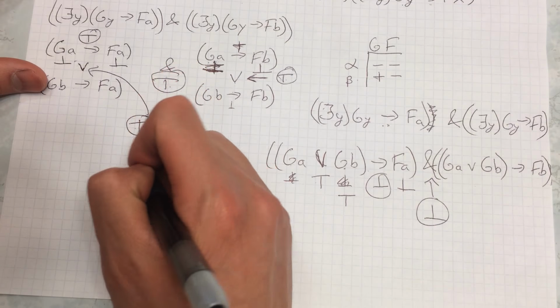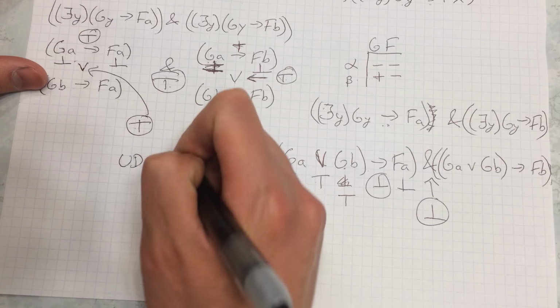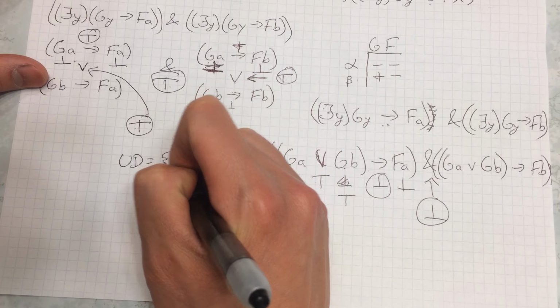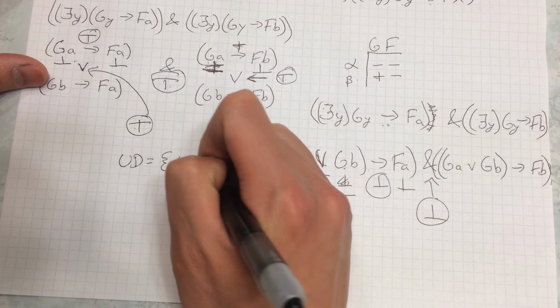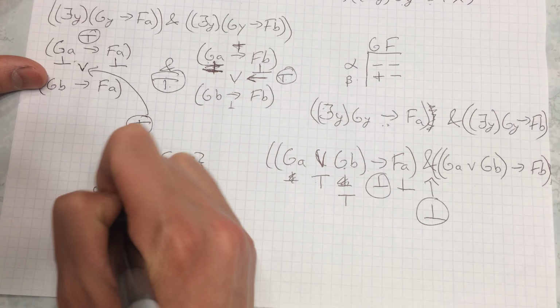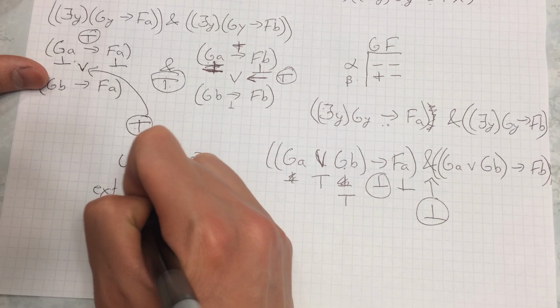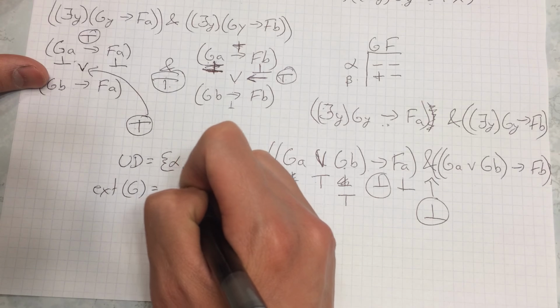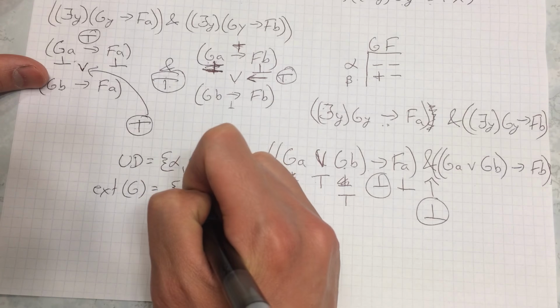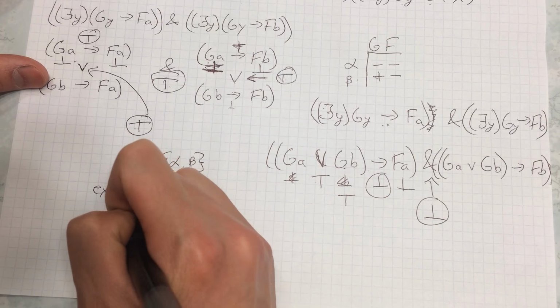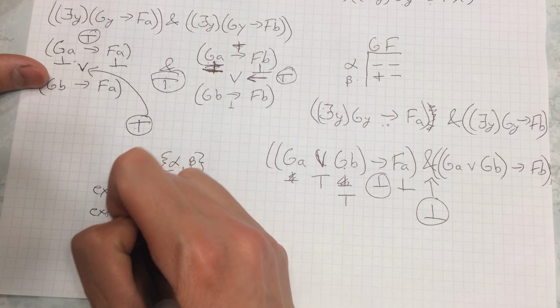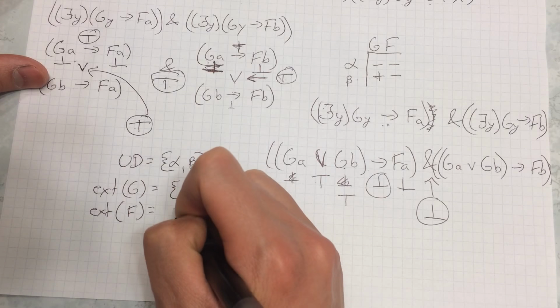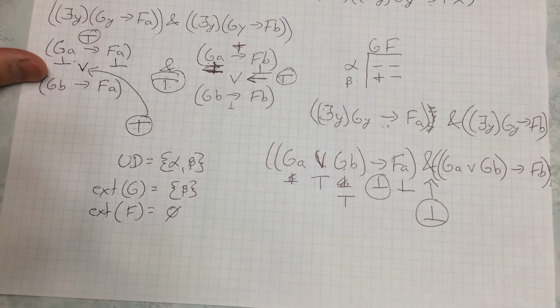And so we can write that out as the UD, universal discourse, consisting of two objects, alpha and beta, the extension of G is only beta, and the extension of F is empty.